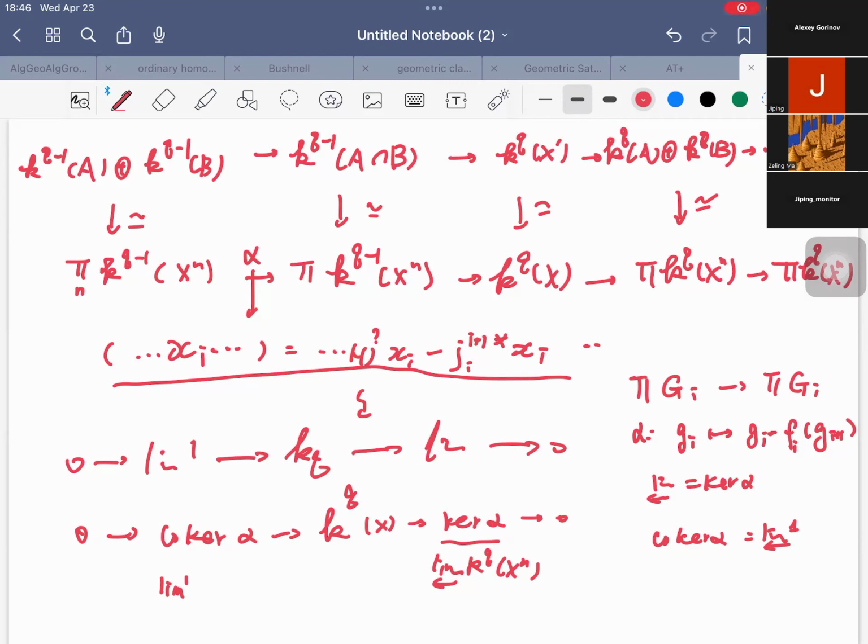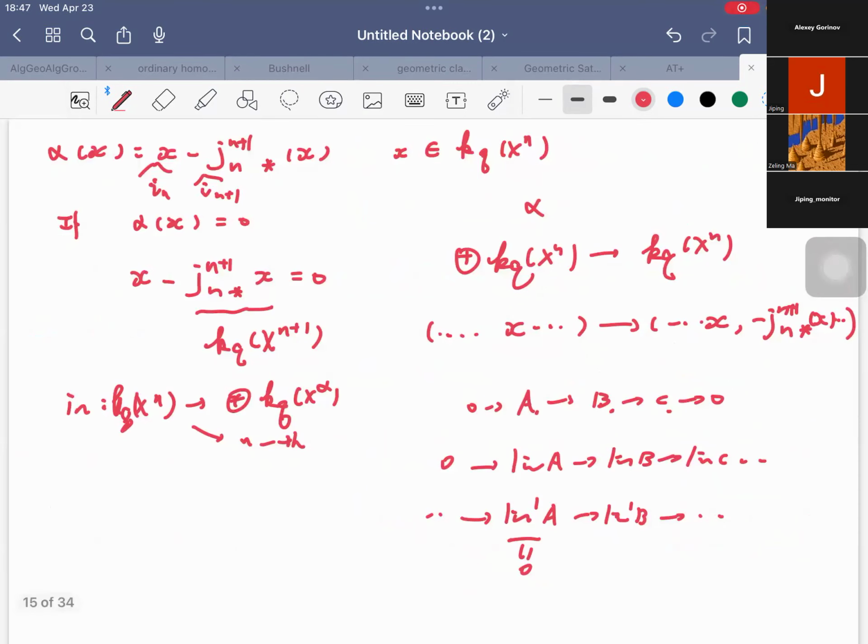Okay. Well, let's now see how this all helps us to prove that the homology of the n skeleton and of the whole complex is isomorphic in degrees n minus 1 or less.